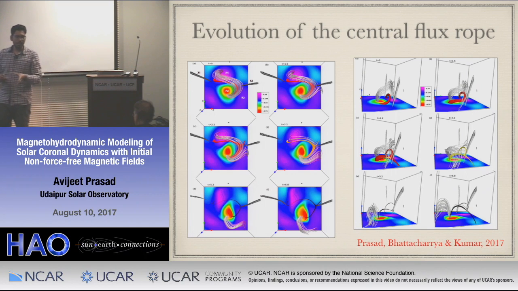This creates a decrease in magnetic pressure and magnetic tension over this low-lying flux rope. Because of this decrease in the magnetic pressure, this flux rope rises, and after some time, even this is pushed towards this X-type null line due to the flow, and then even this flux rope goes and reconnects.